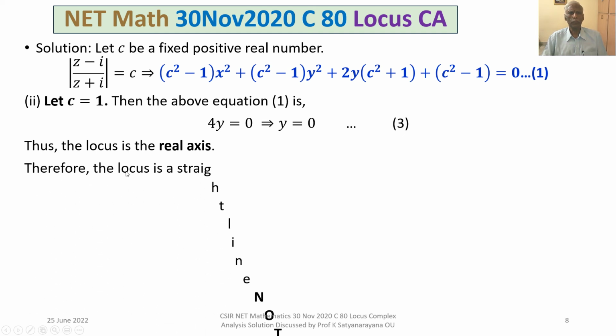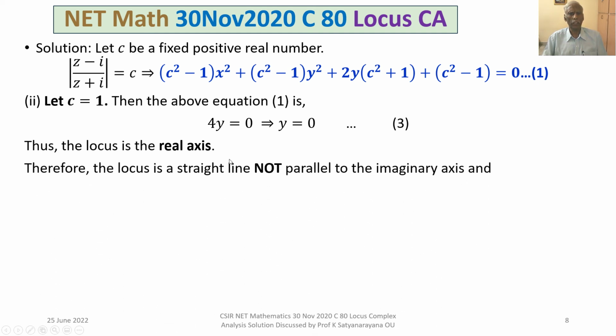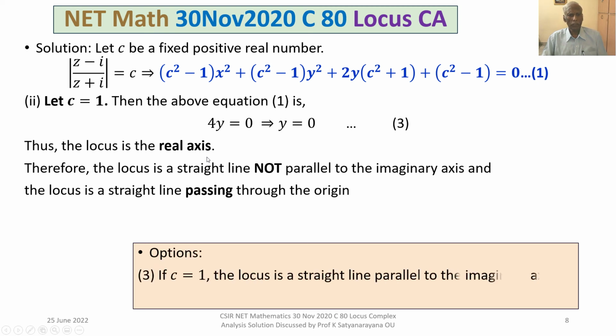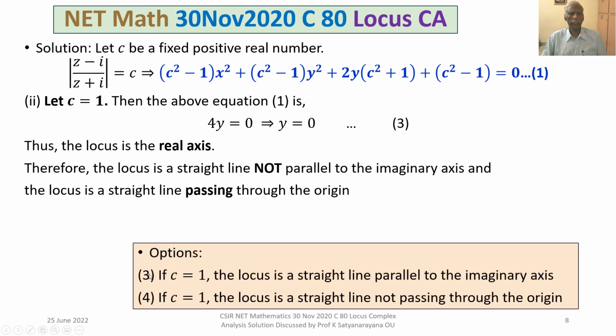And therefore, the locus is a straight line not parallel to the imaginary axis because it is the real axis, and the locus is a straight line passing through the origin because it is the real axis. Option 3 says the locus is a straight line parallel to the imaginary axis, and our conclusion is that it is not parallel to the imaginary axis.